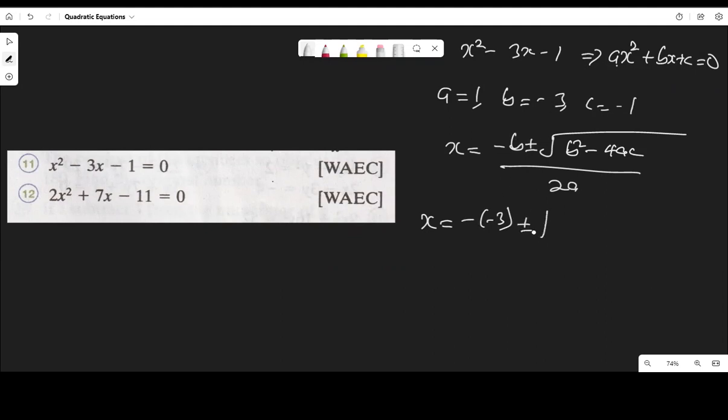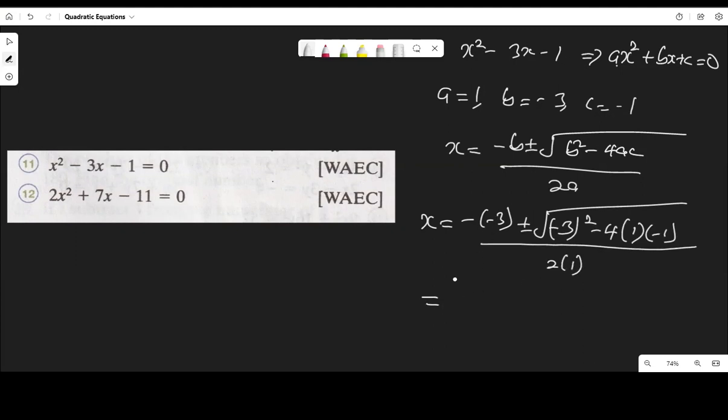Then plus or minus the square root of b squared, negative 3 squared, minus 4 times a, which is 1, and c, which is -1, all over 2 times 1.